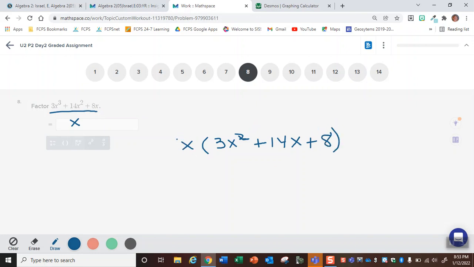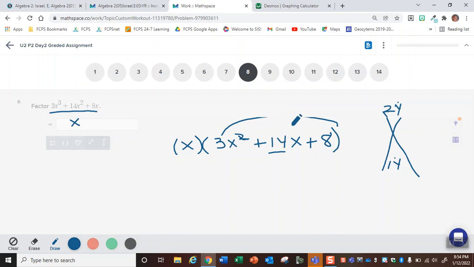So what this means is that x is a factor. One of the factors is x. And then I'll just do my regular X-Men here to find the factors of this guy. So from now on, I'm just going to ignore this guy. Do 3 times 8 is 24. And then my 14 here.